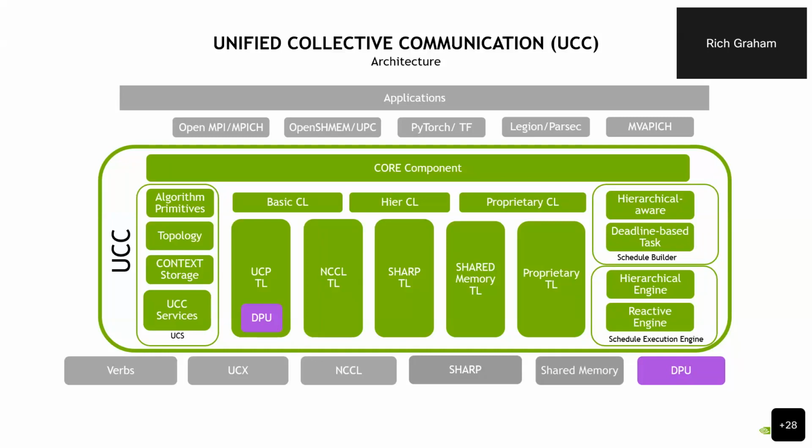Getting more to the core of the library itself. The library itself is designed from the first place to recognize hierarchies. And so there is support for describing hierarchies. This is the box in the middle called hierarchical CL. This is at this high level, I should say also, where the algorithms themselves are driven.